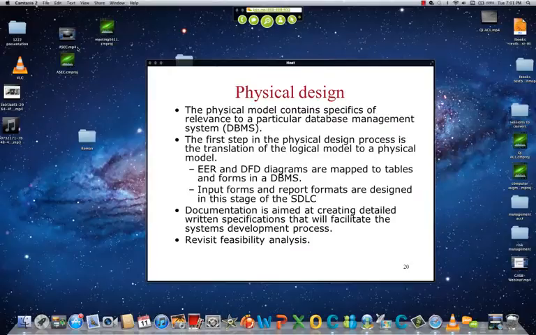And then there are another 2 steps in this stage, which is to document everything. So you want to document each step, how you created the models, okay, both logical and physical, how you integrated EERs and DFDs. You want to document your designs, right, your forms, your tables, queries, and so on. So everything should be documented very, very well.